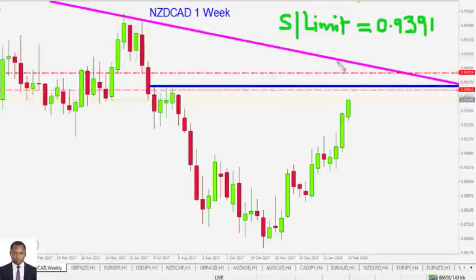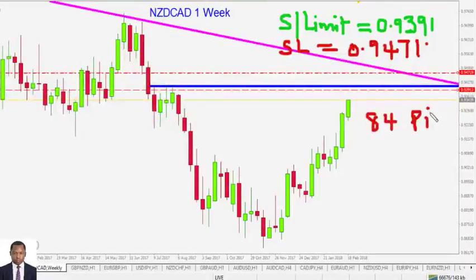The stop loss is at 0.9471. Okay, it has a value of about 84 pips. So I'm sure you have the lot size indicator. For those of you subscribers, all of you have the lot size indicator emailed to you for free, so you should use that. About 84 pips.